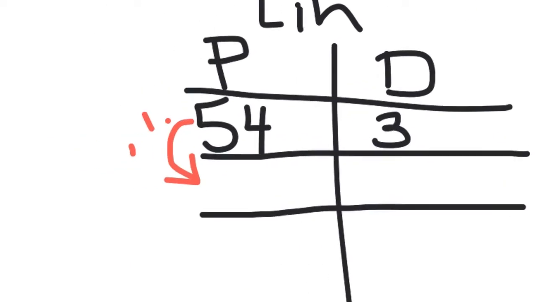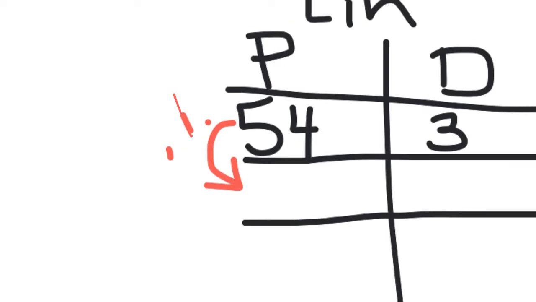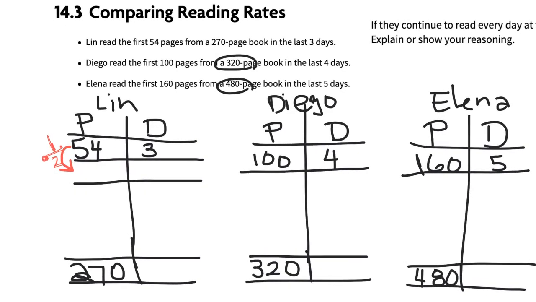If I multiply by a half, that gives me 27, which means I multiply the days by a half too, which gives me a day and a half.